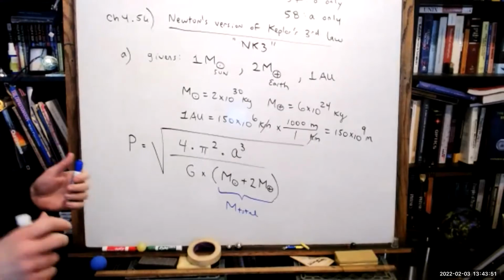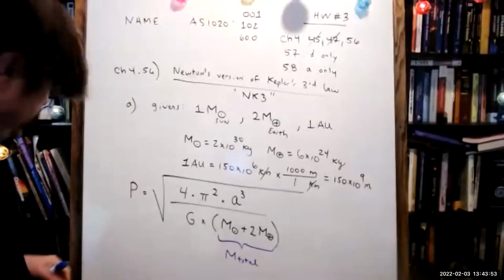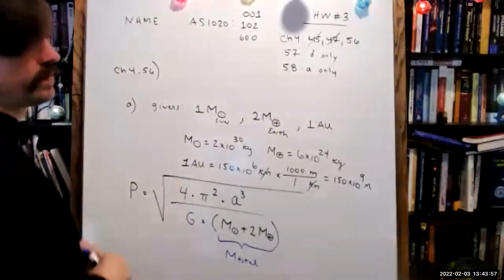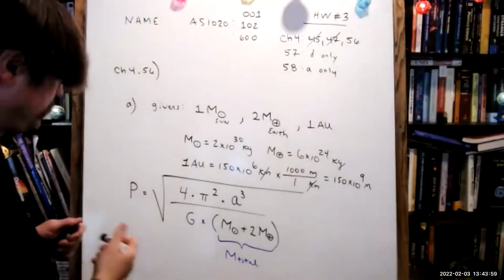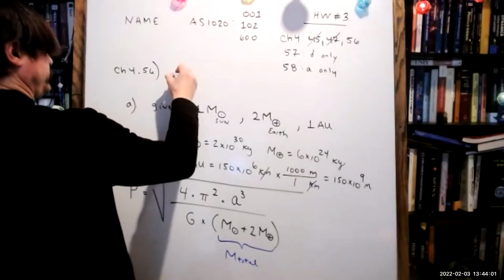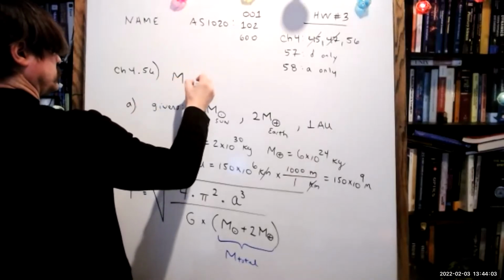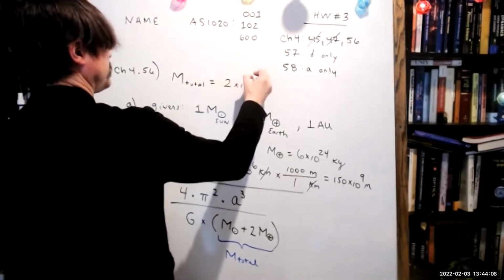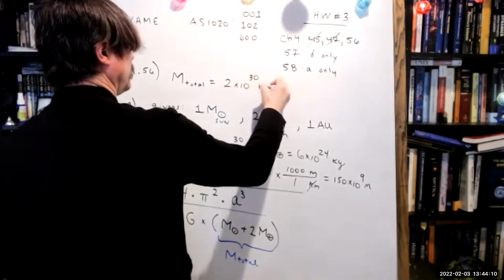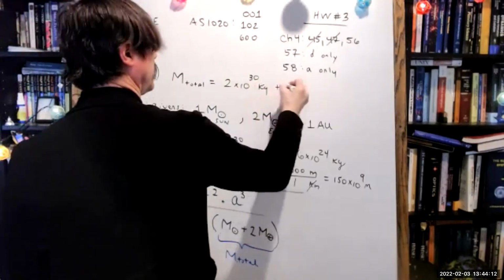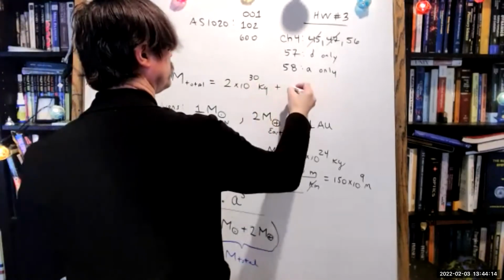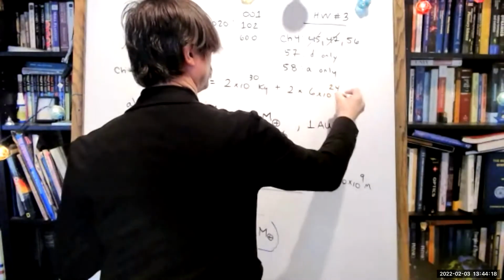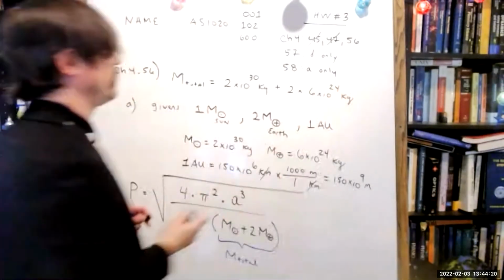I'm going to do that up here because I'm out of board space down there. The total mass would be 2 times 10 to the 30 kilograms plus 2 times 6 times 10 to the 24 kilograms.